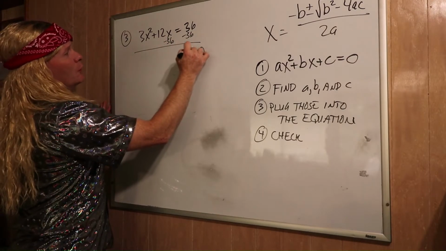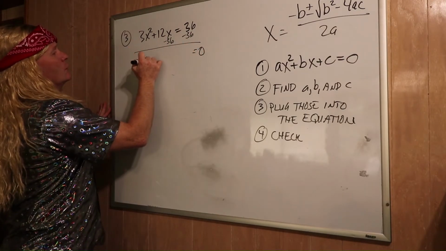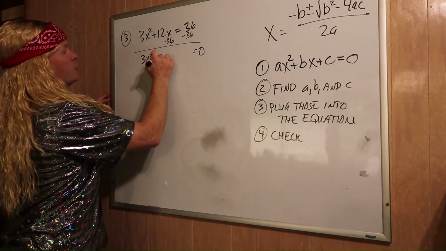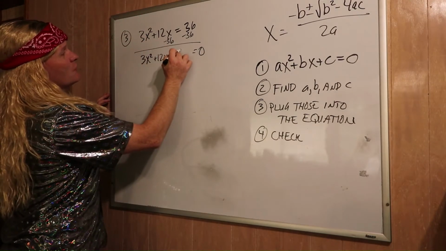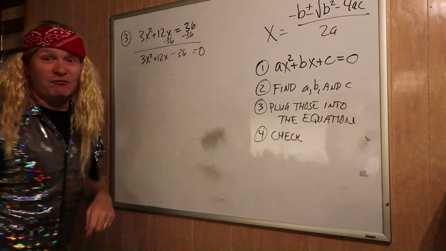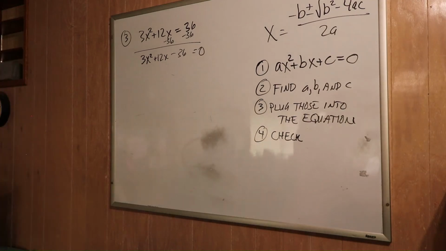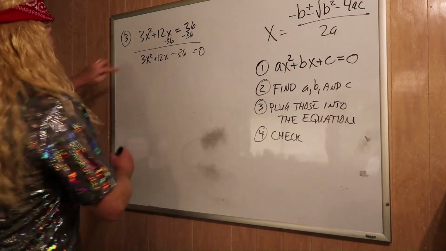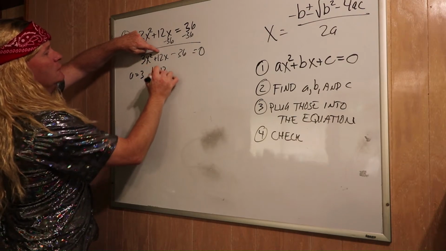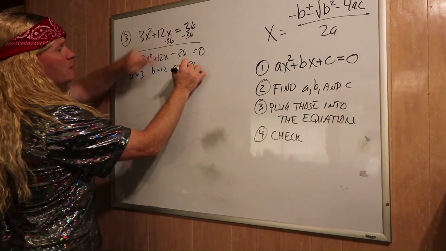So we got 0 on this side. 3x squared. Remember, these are not like terms. We can't combine those. So I'm just going to write it as 12x minus 36. Now we're in standard form. Now we've got to find a, b, and c. A is going to be 3. B is 12. C, negative 36.